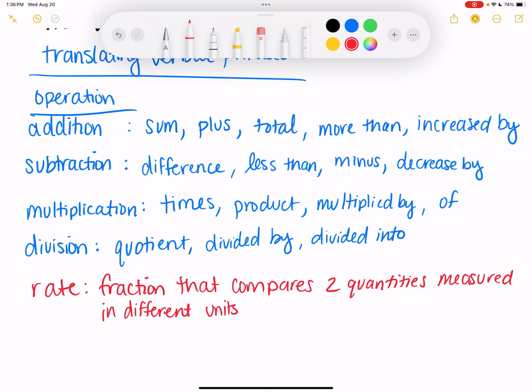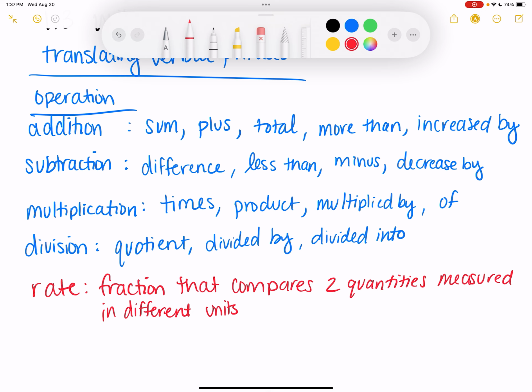So something like miles per hour, feet per second, stuff like that would be a rate. Miles per hour is the most common one that you see probably. And sometimes when we're doing conversions, that's what we'll use, or we'll have rates as part of that.